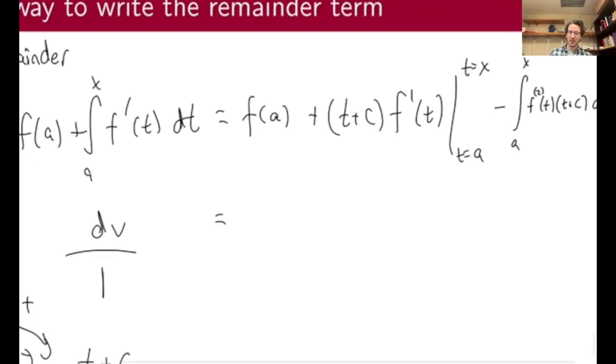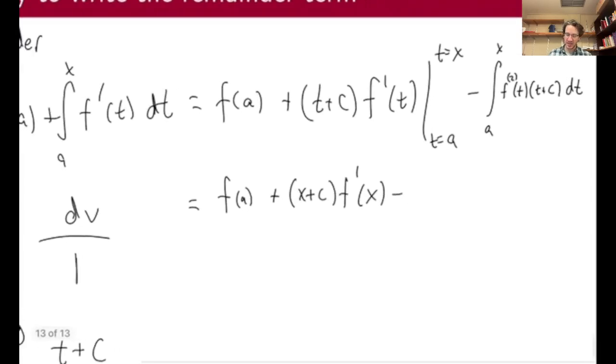Let's see how we do that. This is f of a plus, when I plug in x for t, I get x plus c times f prime of x, minus, when I plug in a for t, I get a plus c times f prime of a.